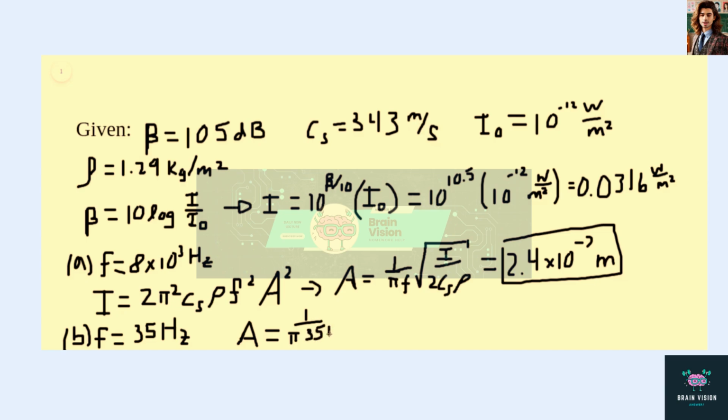So this is 1 over pi times 35 hertz, multiplied by the square root of I, which was 0.0316, divided by 2 times 343 meters per second times rho, which was 1.29 kilograms per meter cubed.